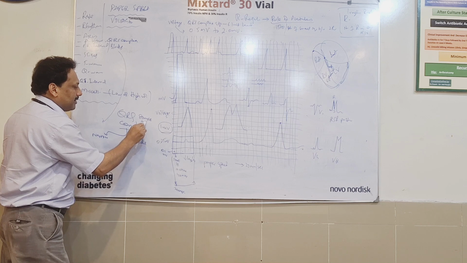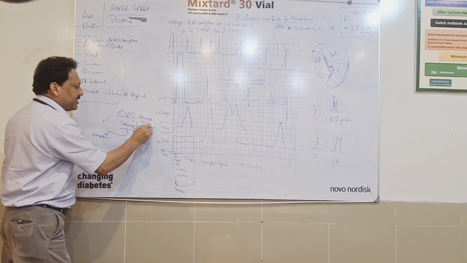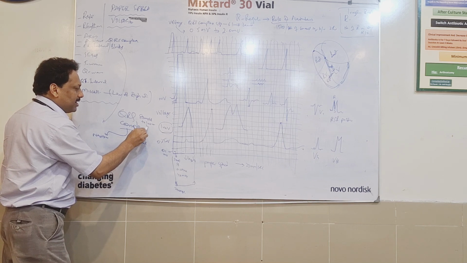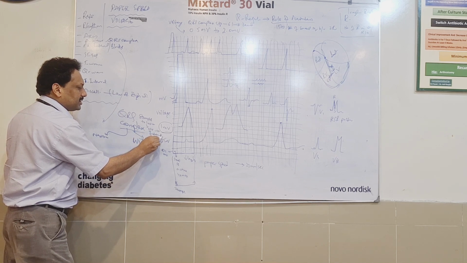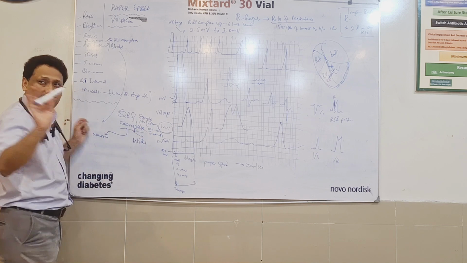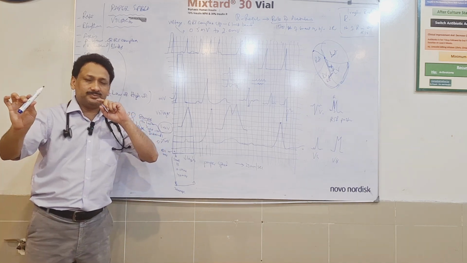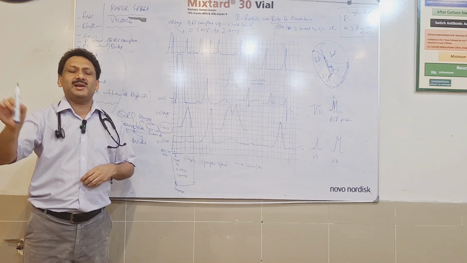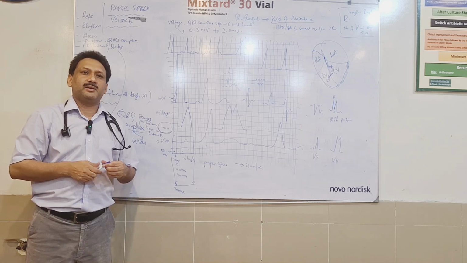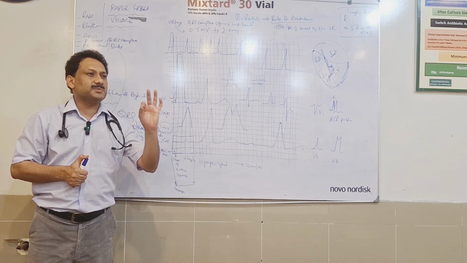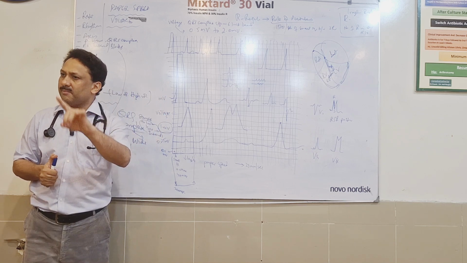to 100 millisecond. The book writes that even 100 to 120 is taken as intermediate size. This is not taken as broad complex. Got it? The broad QRS complex is 3 boxes or greater than that. 3 boxes means 120 millisecond.